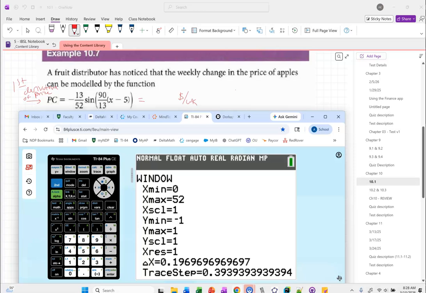Now, the y values are going to be like the price, the dollars. Anybody have any idea what a kilogram of apples ought to cost? A kilogram of apples is probably 50 cents. You are crazy. You need to go into a grocery store. A pound of apples is like $3 or $4, right?